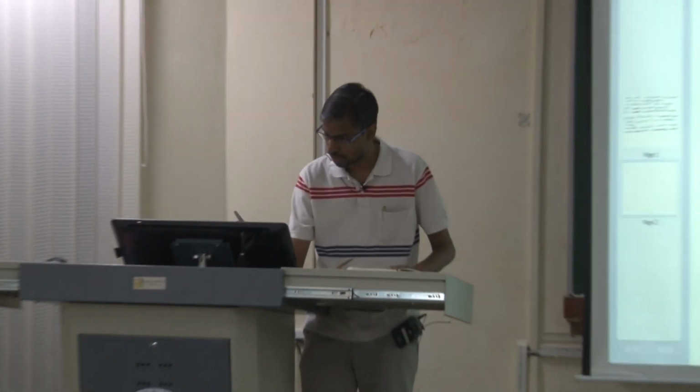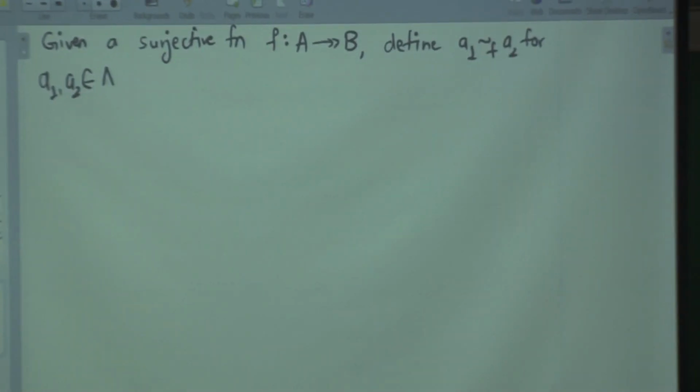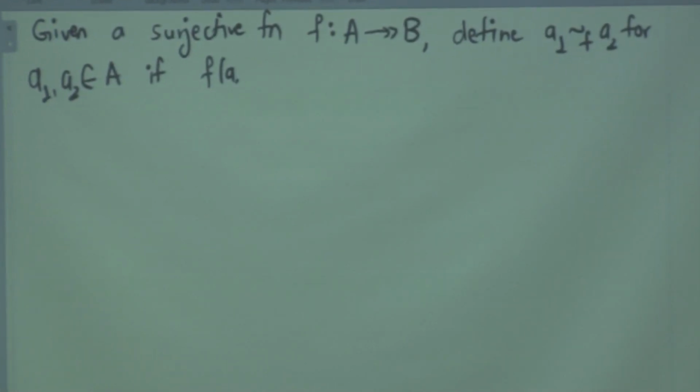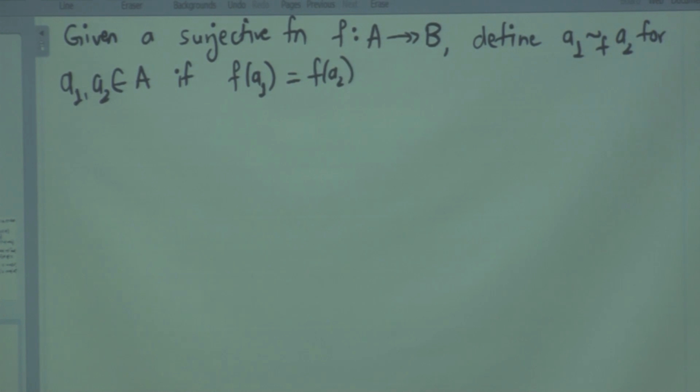In fact, I'll give you one more example. Given a surjective function f from A to B, define A1 related by tilde f to A2, for A1, A2 in A, if f of A1 is equal to f of A2.